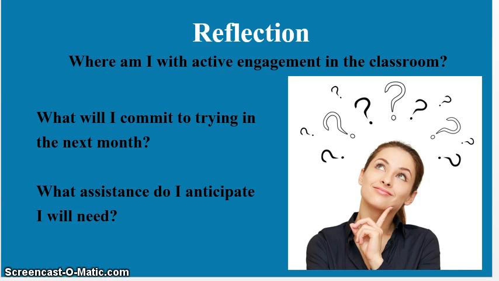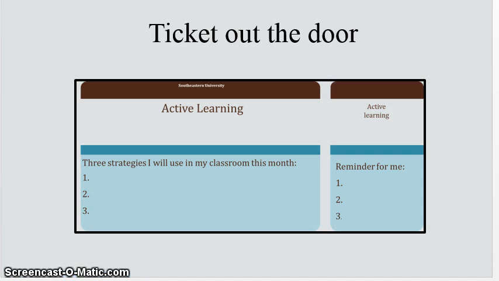And at this time I would have them use the evaluation of the workshop and which strategies they think they might be able to use, and I would ask them to fill out a ticket out the door. I have these on a Publisher document which can be converted to Word or a PDF, but I would print these out and cut them apart and ask the attendees to fill out a ticket out the door.